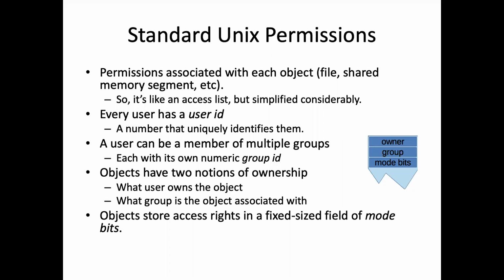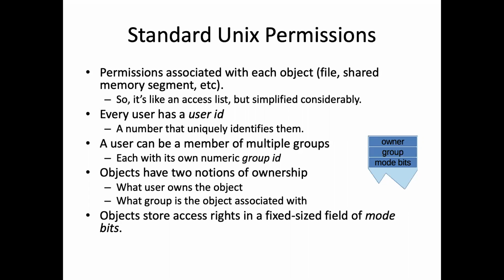If I had to describe the permission mechanism supported by a standard Unix file system, it is mostly an access list mechanism with a little bit of lock and key provided to give us flexibility.